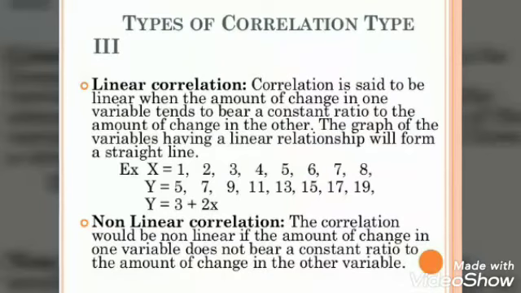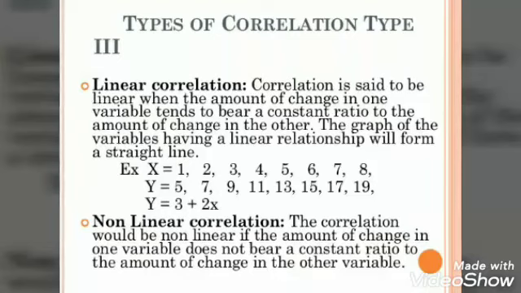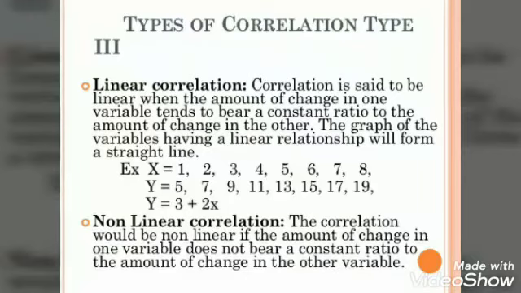When I am saying two variables change in constant proportion, this means that if two sets of data bearing a fixed proportion to each other are shown on a graph paper, their relationship will be indicated by a straight line. So actually linear correlation implies a straight line relationship.